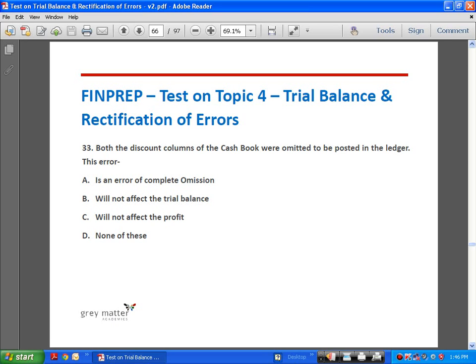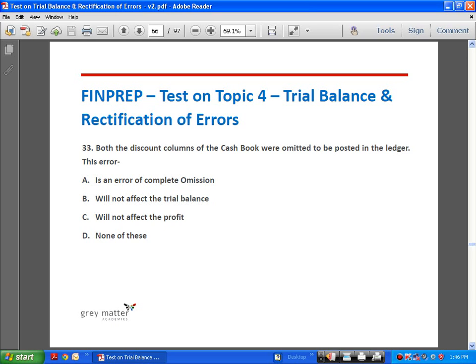Both the discount columns of the cash book were omitted to be posted in the ledger. Is this an error of complete omission? No, it is not an error of complete omission. It is an error of partial omission. It will not affect the trial balance? It will affect the trial balance because only one leg of the transactions have not been posted.